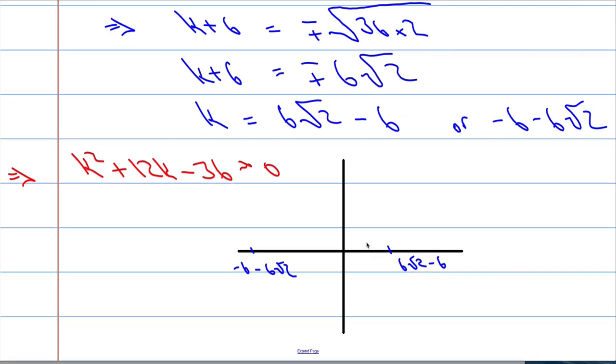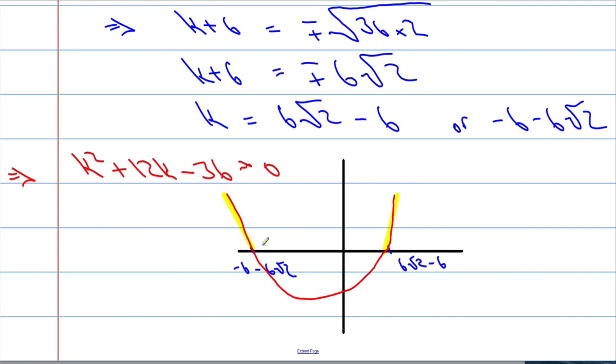And I know that the quadratic is positive. So it's a U-shaped graph, which means it goes down like this and then up like this. Where is the graph bigger than 0? It's going to be here and here.